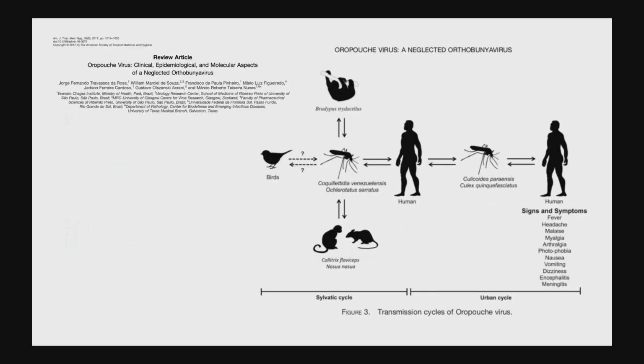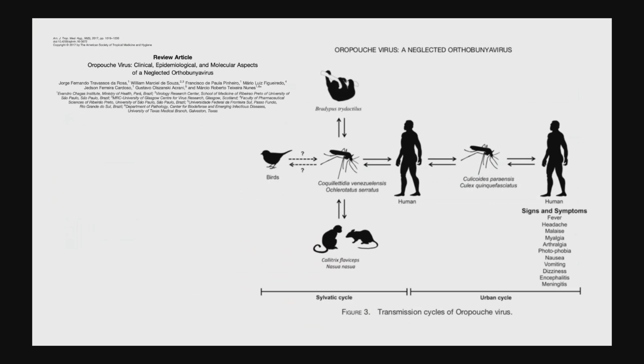This virus is kept in nature in two cycles. One is a sylvatic cycle, with humans, non-human primates, rodents, and sloths as the main reservoirs. But we also have what we call the urban cycle, with human-to-human transmission, but not directly.